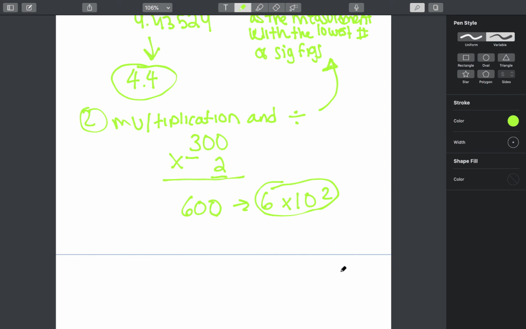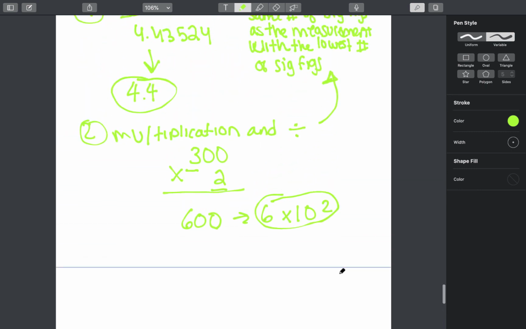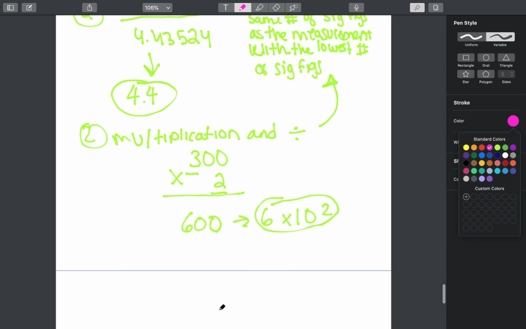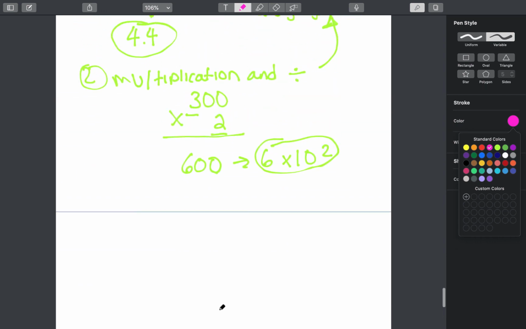All right, so now that we know how to use sig figs, we can apply what we know to dimensional analysis. I remember when I was in general chemistry, a lot of people had so much trouble with dimensional analysis.